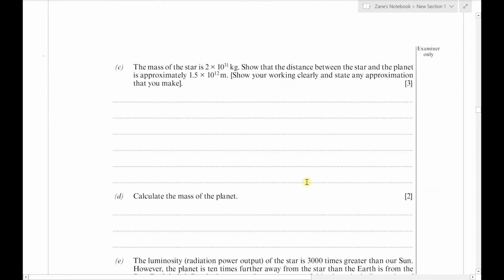The next part of the question tells us that the mass of the star is 2 times 10 to the 31 kilograms. We've got to show that the distance between the star and the planet is approximately 1.5 times 10 to the 12 meters. So show your workings clearly and state any approximation that you make. The approximation that we're going to make is that the mass of the planet is much less than the mass of the star.